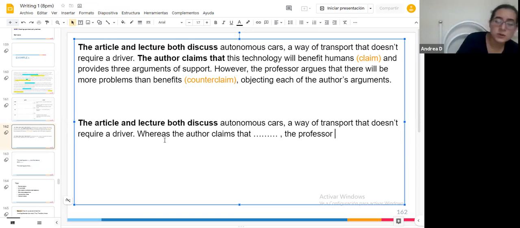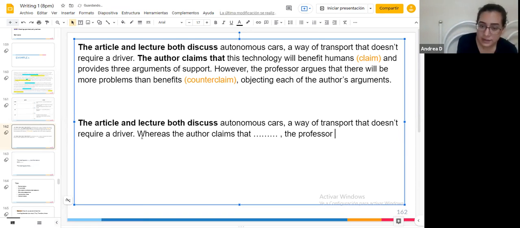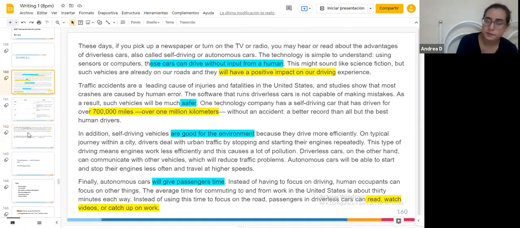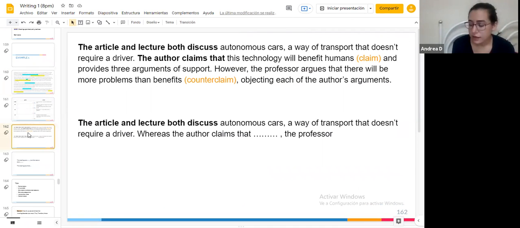So you can also use this, like, whereas the author claims this, the professor believes this. That's another way too. So, okay, that's your intro. As you can see, 4 lines, both claims, context. Don't go into detail yet. Don't tell me what the reasons are. Now, any questions now?